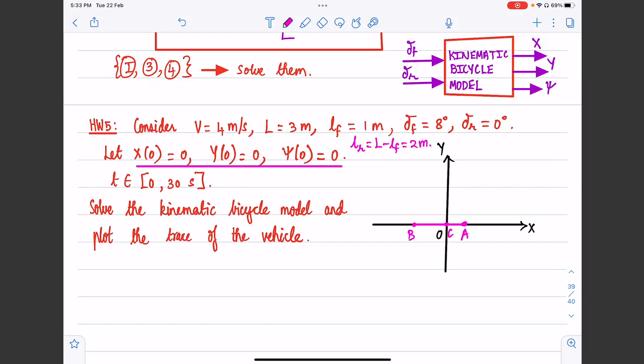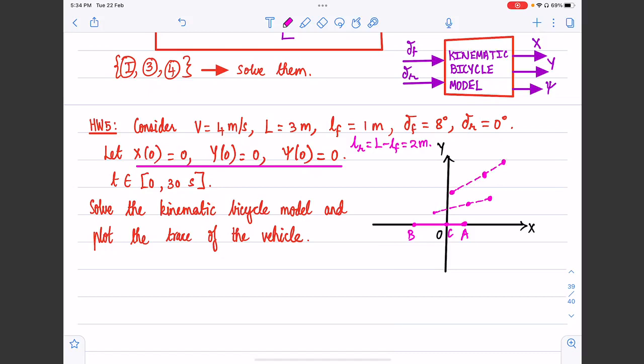Now, if you simulate this, you will get a time profile where the vehicle will start turning, and this profile will go something like this. The yaw angle will become non-zero, and the coordinates will go away from 0. I'm just drawing some rough curves; you can get the exact curves when you simulate.